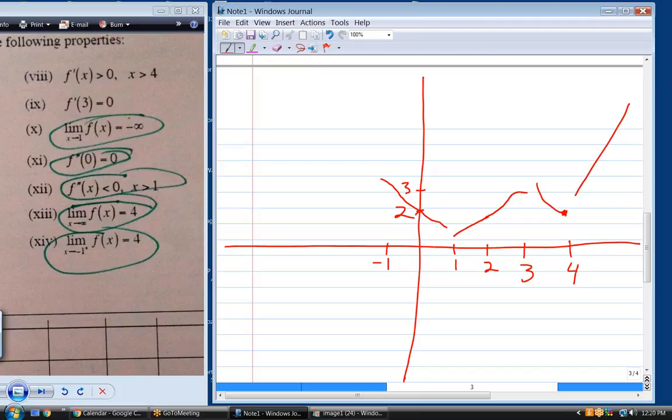And I can still say it's increasing. Let me redraw that slightly. I know it has to go through there. It has to be increasing up until 3, and then it goes horizontal. And we don't know whether it comes down next or keeps going up. We know it kind of comes down, so the most likely pattern is going to be this.